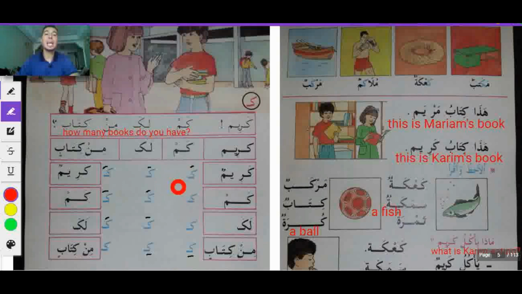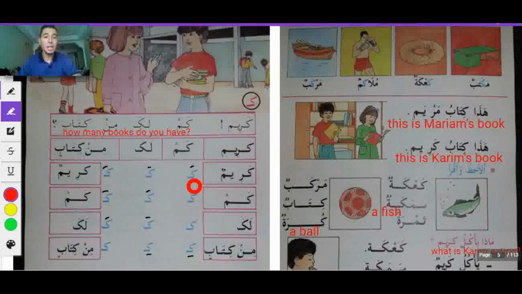The sound K. So here we have كريم، كم لك من كتاب. Which means Karim, how many books do you have? كم لك من كتاب.